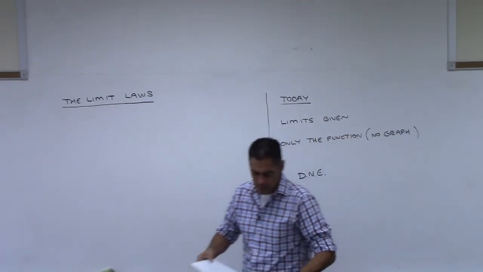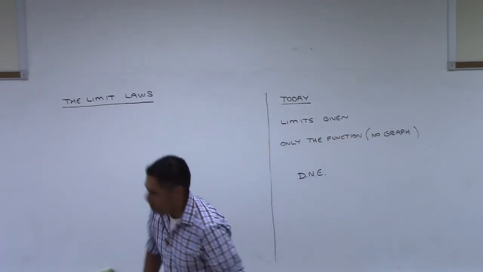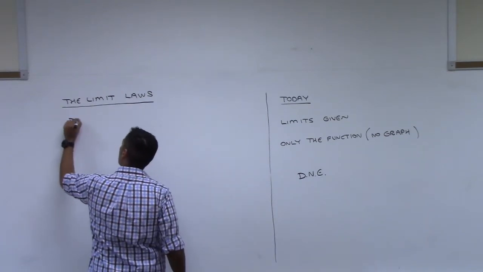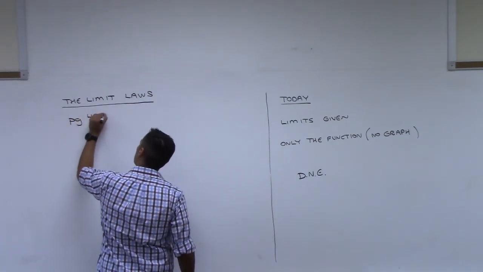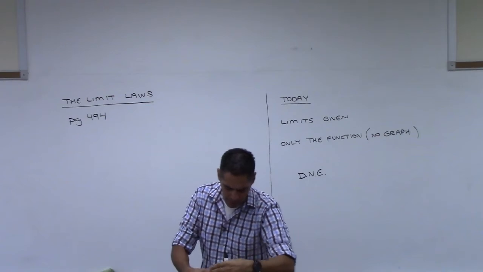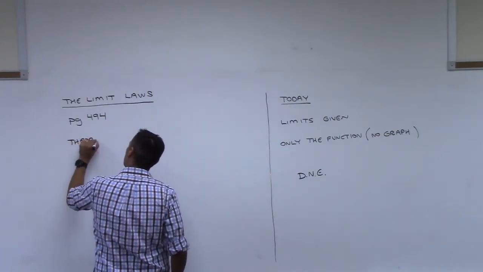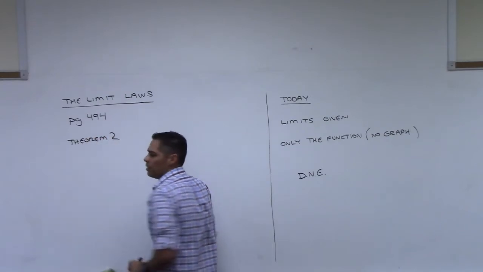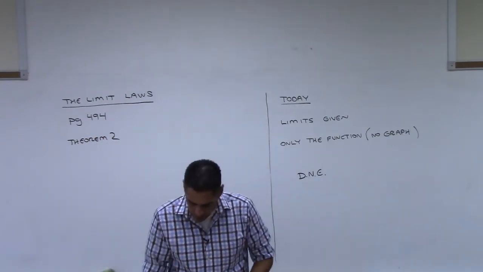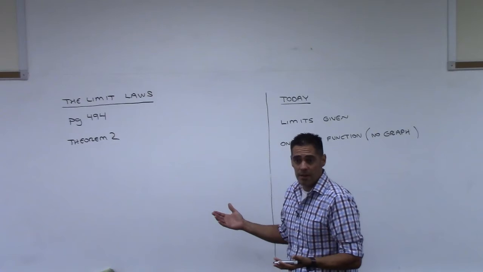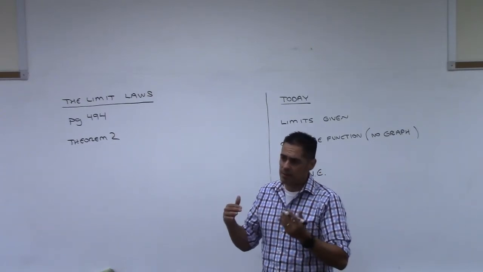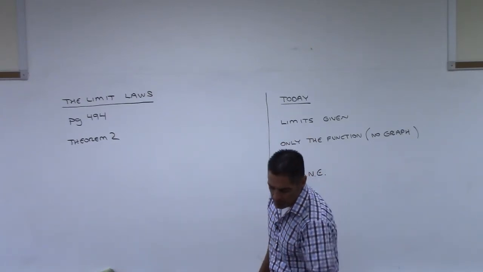So here are the limit laws, and these are on page 494 of your textbook, and you'll see them right in the middle of the page. They call it Theorem 2, if you're referencing your book. All right, so I want to just go through these, and it's important that we just talk about them rather than just, oh yeah, there they are.